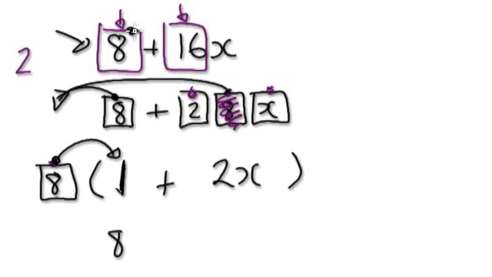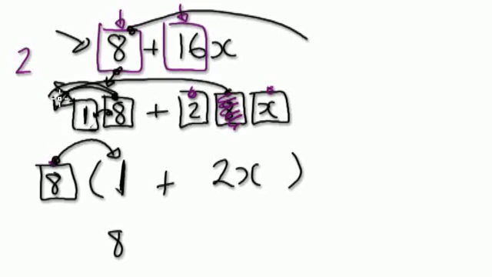Or you can visualize this bit here as 1 times 8. 1 times 8 is 8. If you visualize it as 0, then 0 times 8 is not 8. So you could visualize it like this, a 1 in here, because 1 times 8 is 8. So when you take the 8 out, all that's left is the 1.